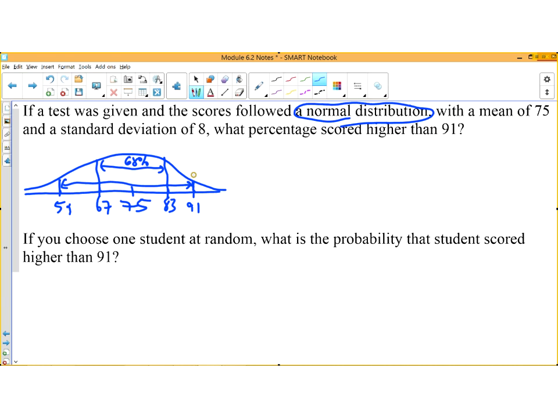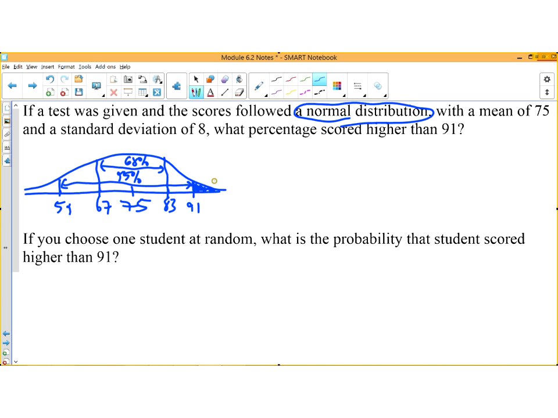If I go out that far in each direction, now I'm at 95% by the rule. So the question is, what percent scored higher than 91? I'm looking for the area in this right tail. How can I figure that out?